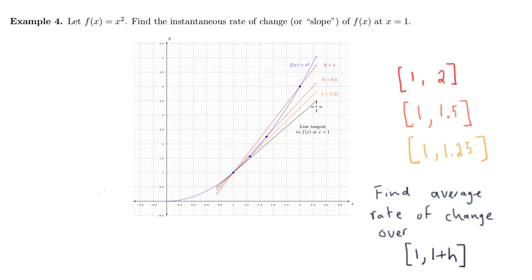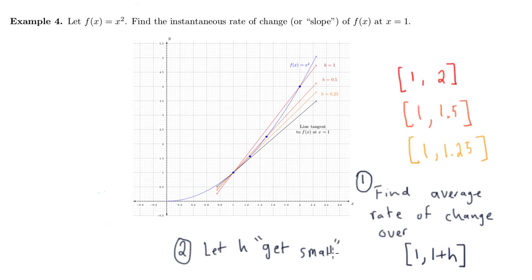So more or less, this is step 1: find the average rate of change of our function f of x equals x squared over this interval. And the second step is let h get small, and I'm putting "get small" in quotes.